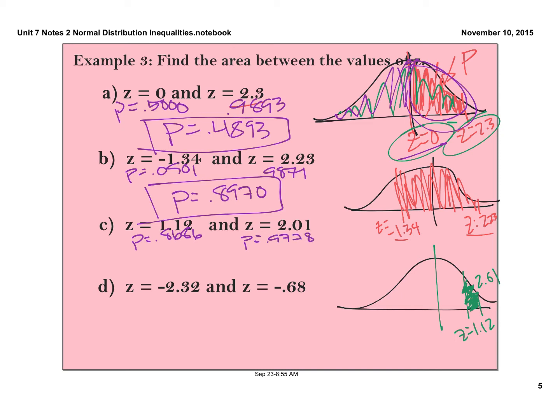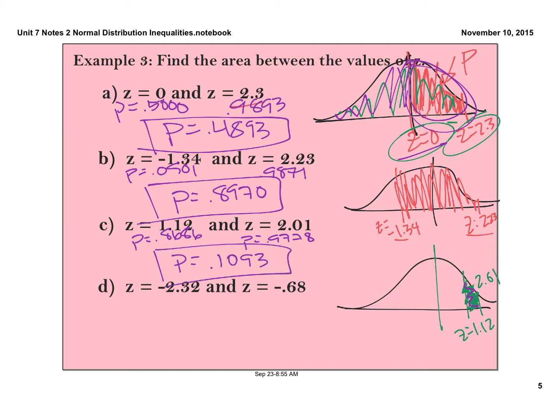And if I subtract those two, minus 0.8686, I get 0.1093. So only 10% there. I envisioned a small probability in that because that region's really small right there. So I didn't imagine I'd have a whole lot. 0.1093 is my probability there.